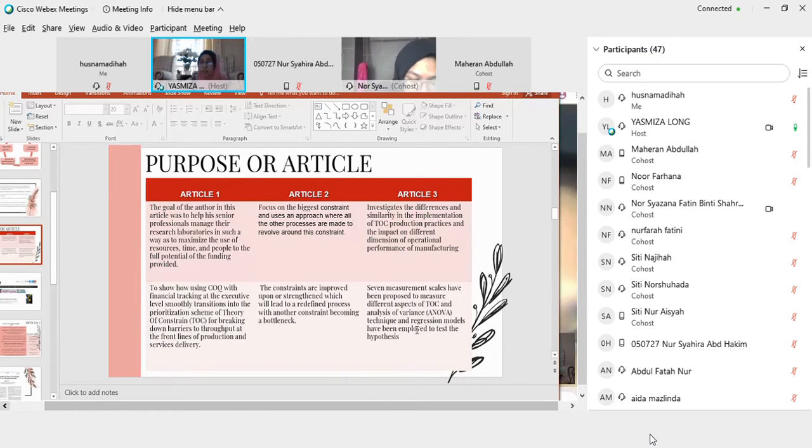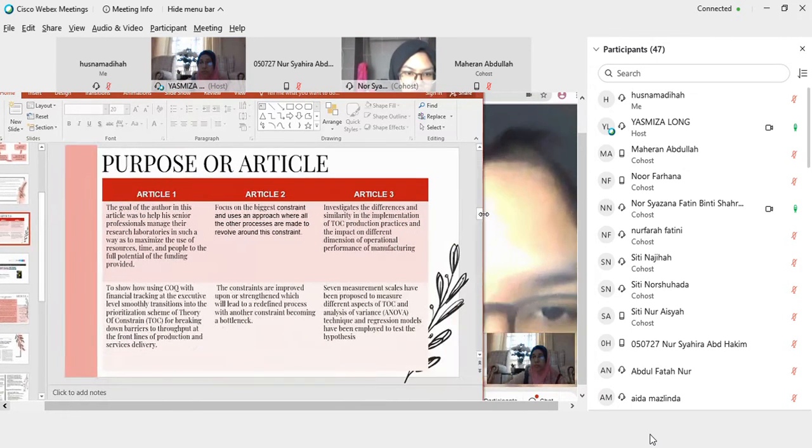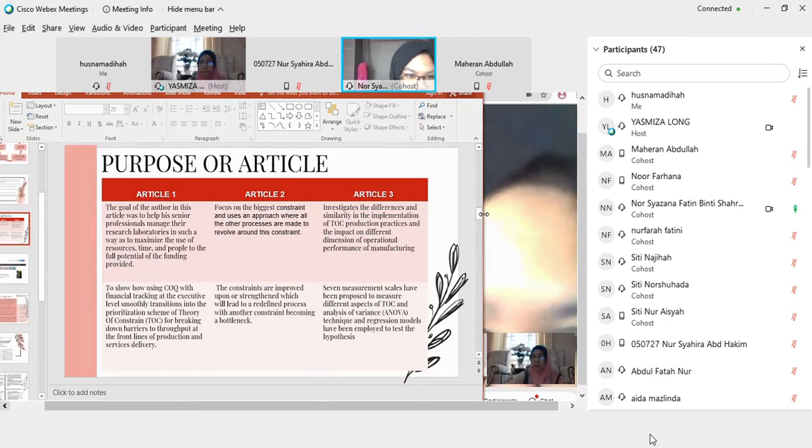Purpose of article. For the first article, the goal of the author in this article was to help his senior professionals manage their research laboratories in such a way as to maximize the use of resources, time and people to the full potential of the funding provided.